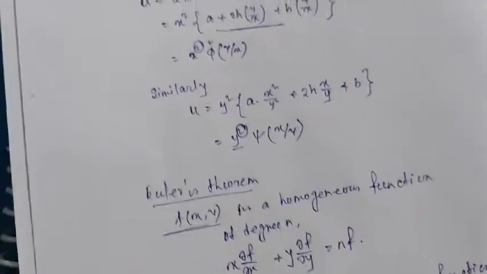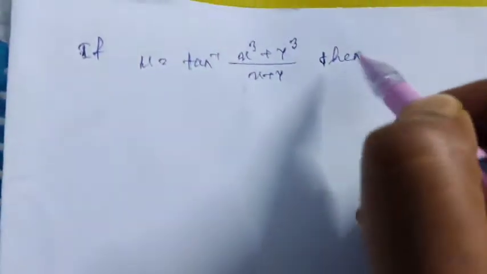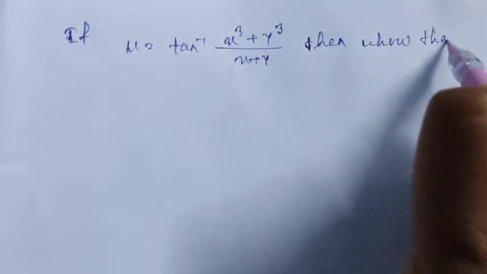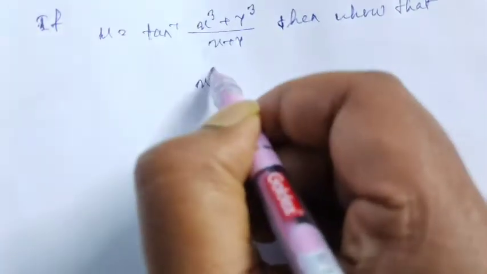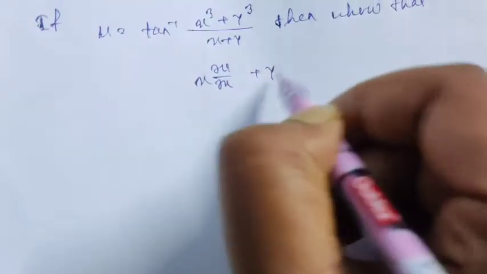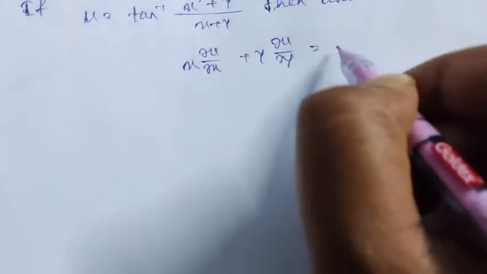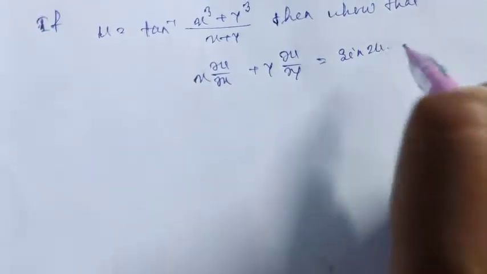Here we consider a function: if u is equal to tan inverse of x cube plus y cube by x plus y, then show that x del u del x plus y del u del y is equal to sine 2u.